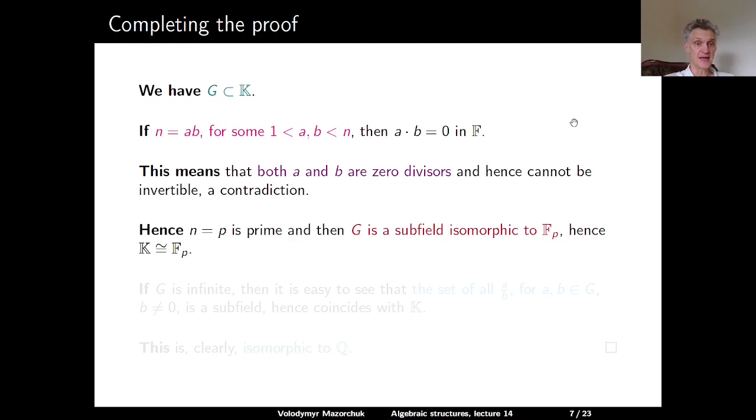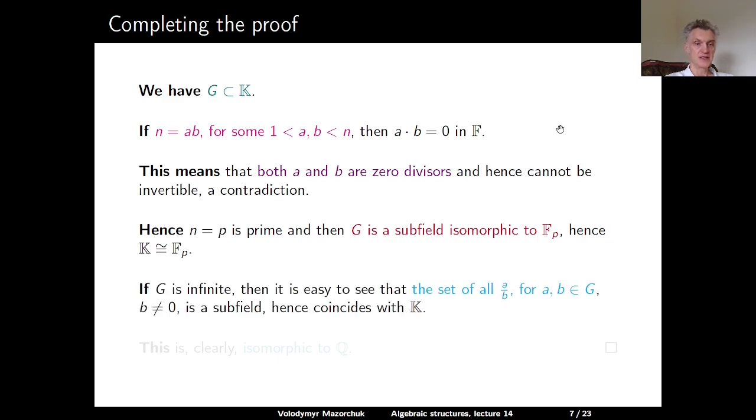This implies that n should be a prime number, let's call it p, and then G, the set of all elements 0, 1, 1 plus 1, and so on, up to p minus 1, will be a subfield of F, which is clearly isomorphic to F sub p. And so K is isomorphic to F sub p in this case.